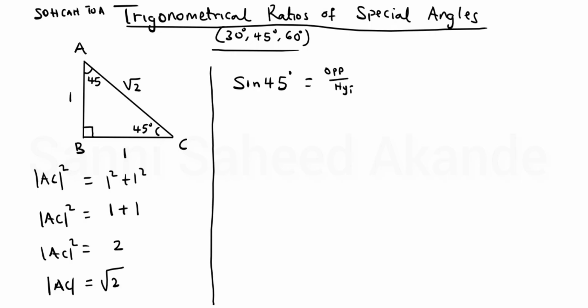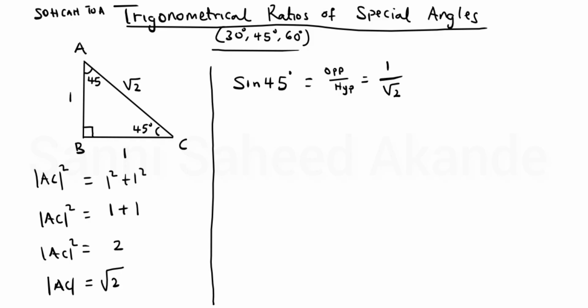And what is opposite here? Our opposite here is 1 if you are considering this angle 45. Well, if you consider the second 45, you still get the same thing. Understood? So our opposite is 1, then divided by hypotenuse is root 2. Okay, so sine 45 is 1 over root 2.